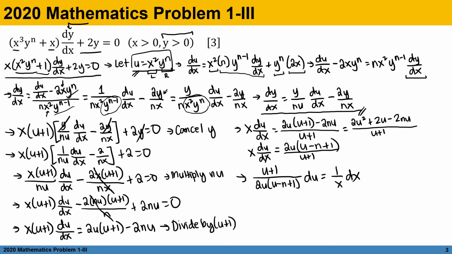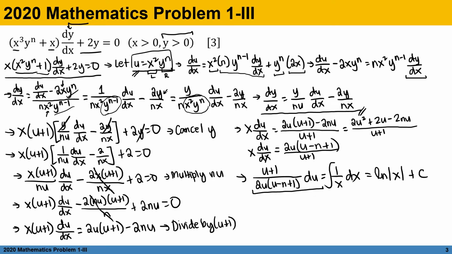In this equation, it will be easier to integrate as compared to the original equation. For example, on the right-hand side, we can simply integrate this as ln of the absolute value of x plus c. Now, the current problem is how do we integrate the left-hand side?